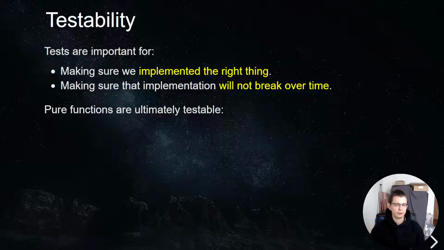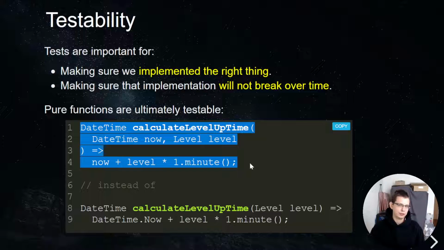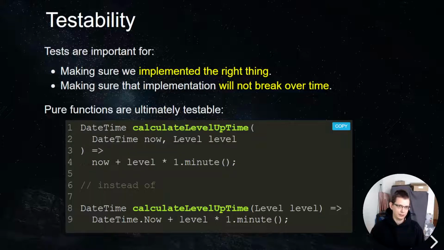And again, in functional programming, pure functions help us because they are ultimately testable. So if you have this calculate level up time here, which relies on a side effect of getting the current date, it is hard to test this. Well, you have to rely on the side effect as well. Whereas if you turn that into a pure function here, now it's very easy to test. You just give 2 parameters here and then you get back another parameter.